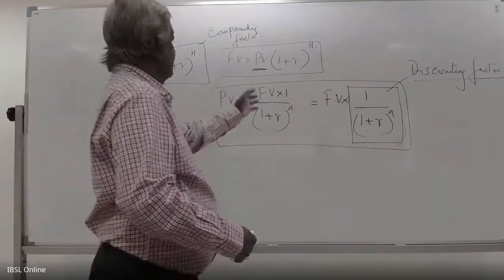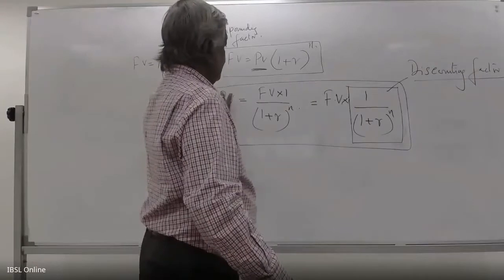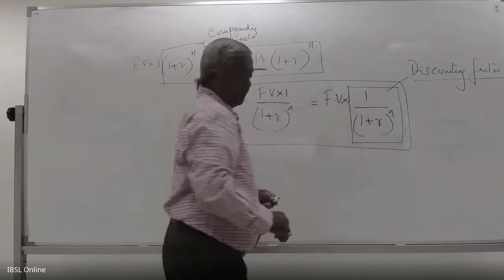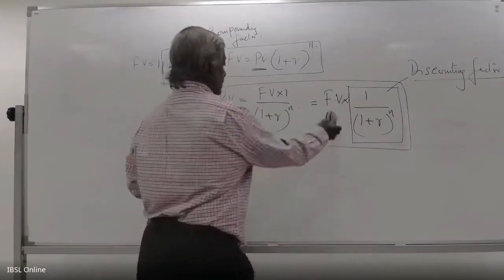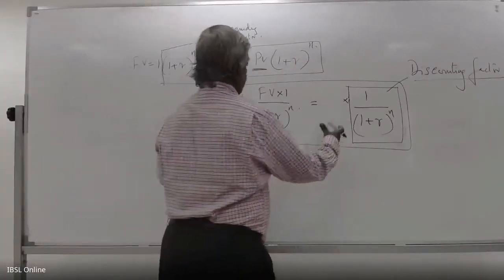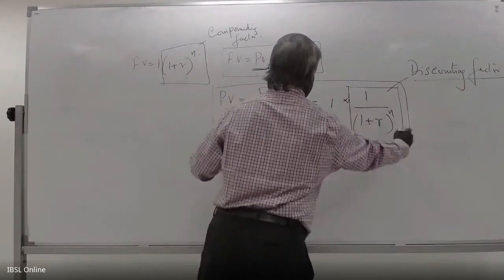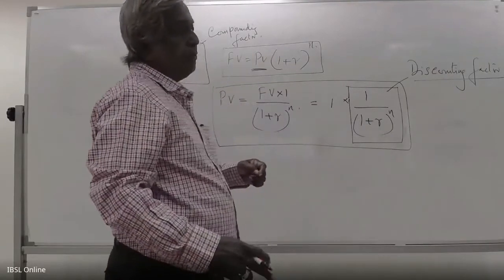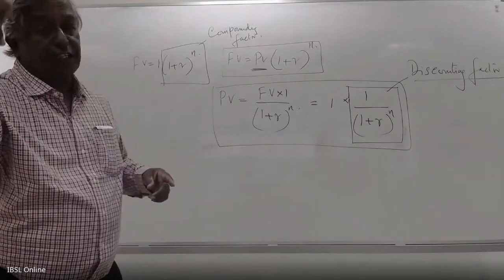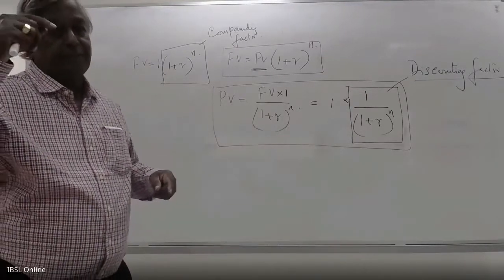So this is the PV for various values. If the future value is 1, then this is equal to PV. So the discounting factor is the present value for 1 rupee of future value at various interest rates and at various periods.